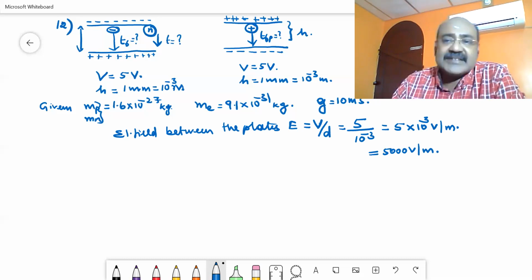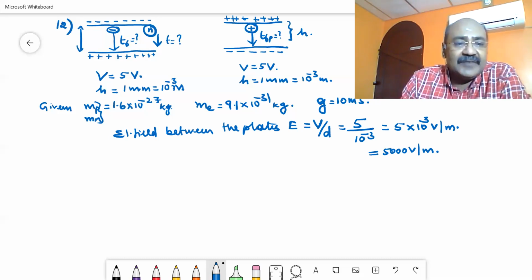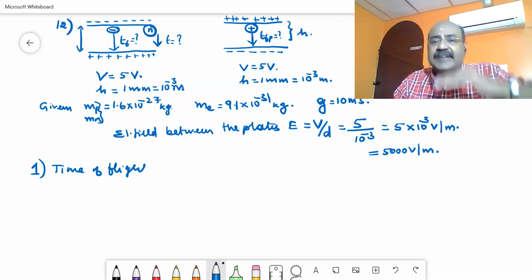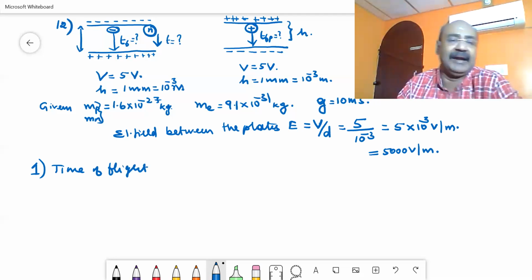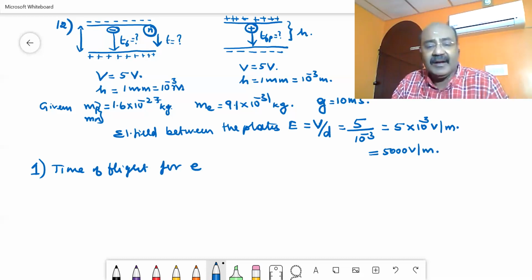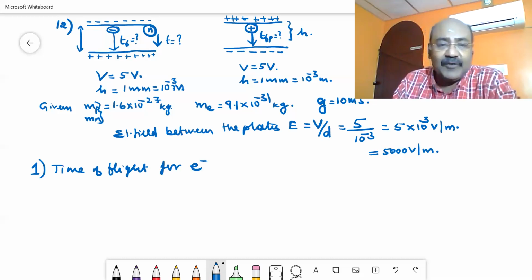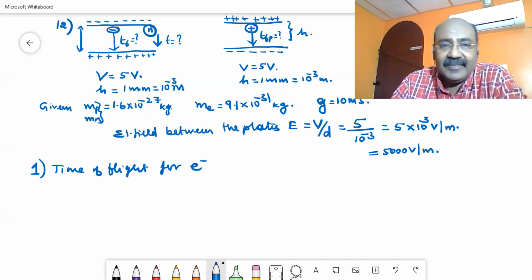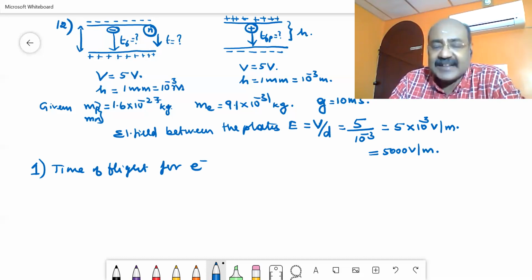What are the things asked? The first one asked is to calculate the time of flight, that is, the time taken for the electron to reach from one plate to the other plate. Time of flight for electron. In order to calculate the time of flight for the electron, we know the distance traveled. Initially, it is at rest, so the initial velocity we know.